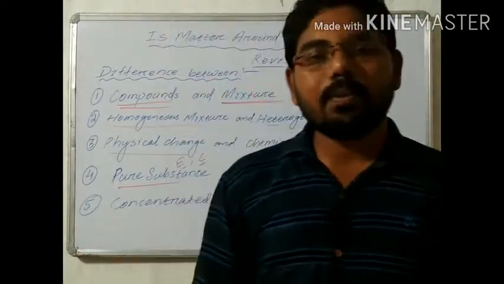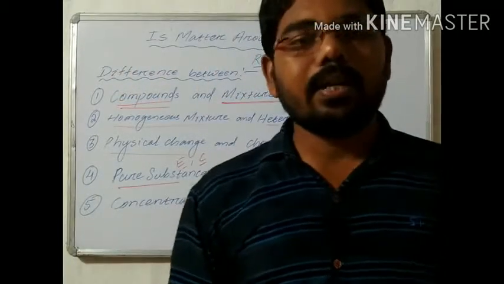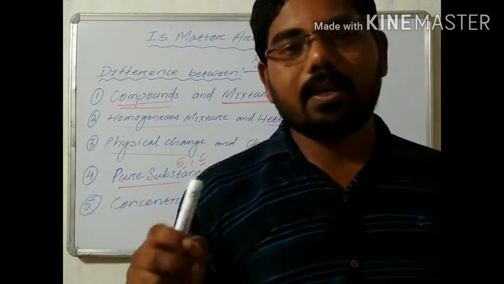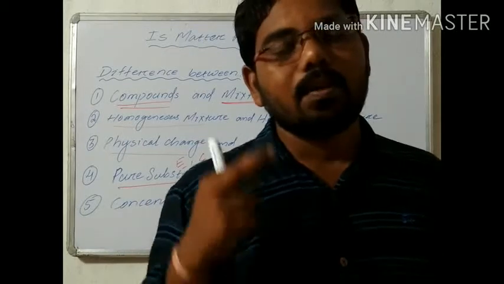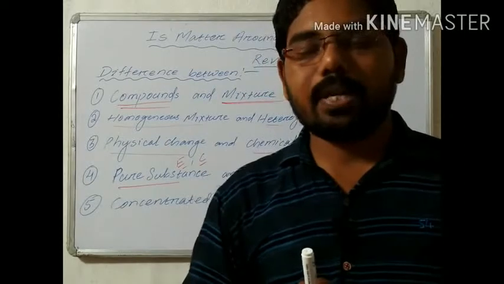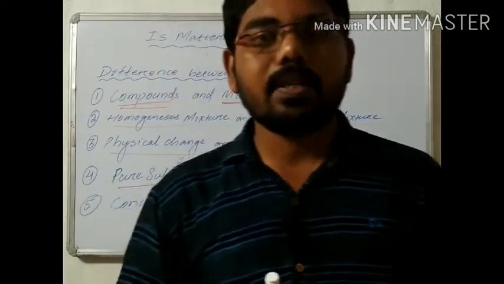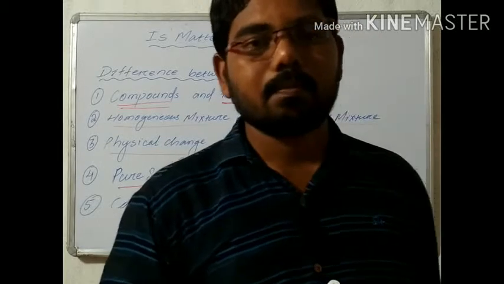Always remember one thing: when diluting acids, we add the acid to water drop by drop. Because if we add water to acid, there is a chance of breaking or explosion. That is why always add the acid drop by drop into water.